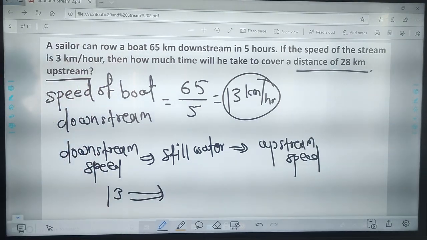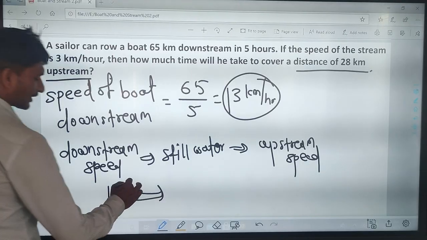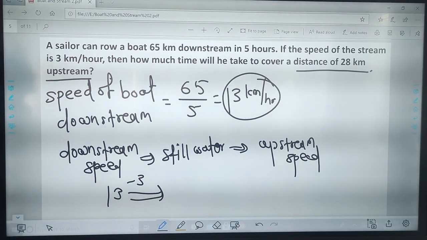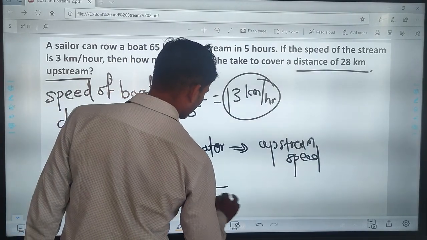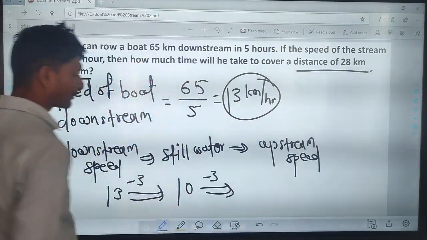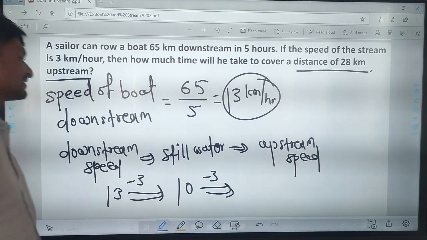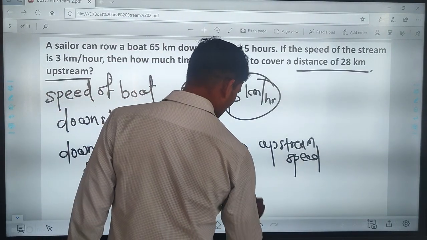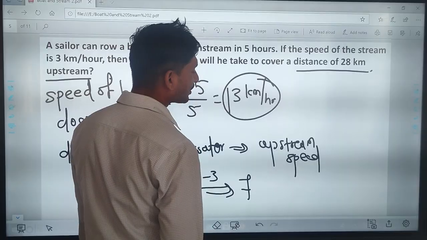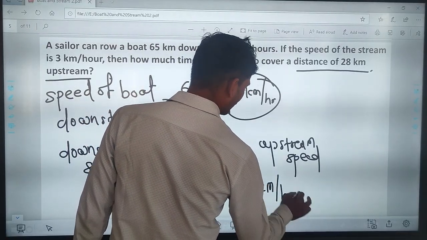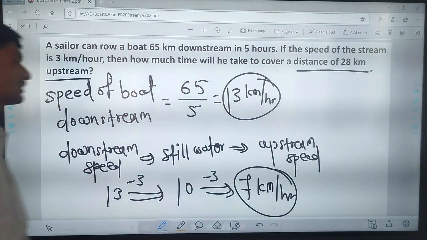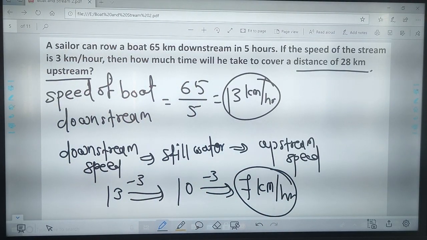Then the speed of the stream is 3 km per hour. Then the speed of the boat in still water is 10 km per hour. Then 10 minus 3 is 7. So the speed of the boat upstream is 7 km per hour.